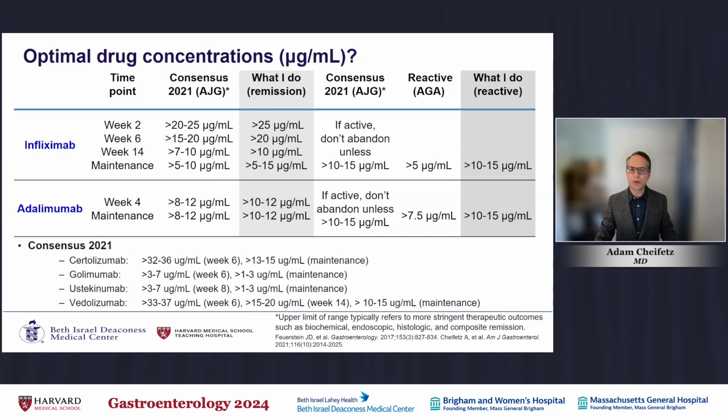I do point out what I do in remission, certainly for both proactive as well as reactive therapeutic drug monitoring. Again, in most of these cross-sectional studies, the higher the drug concentration typically is associated with the better and the more deep outcomes.